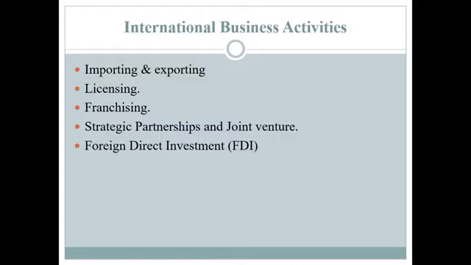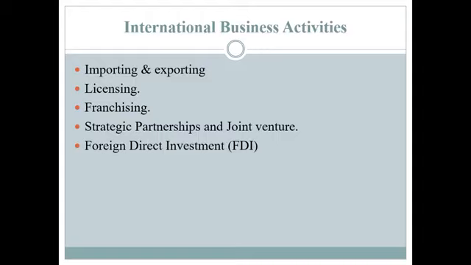What is licensing? Licensing means it is an arrangement between two firms situated in different countries.